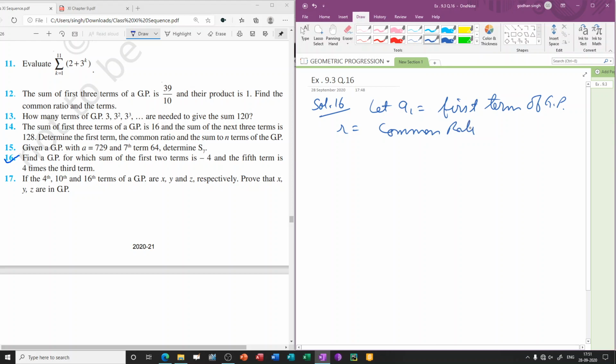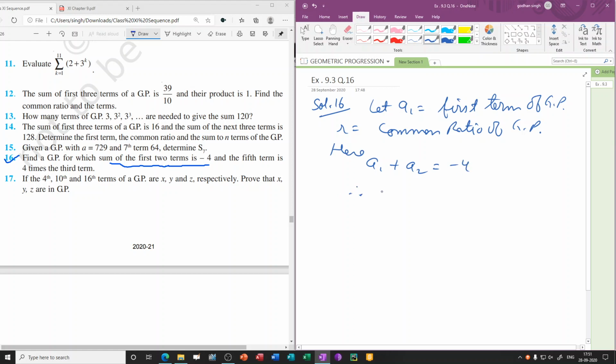of GP. Here what is given to us, sum of the first two terms is minus 4. A1 plus A2, that is equal to minus 4.